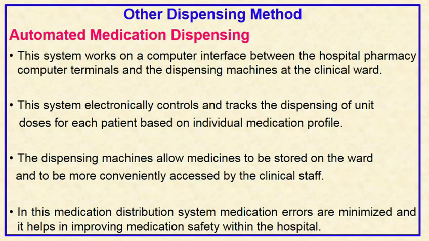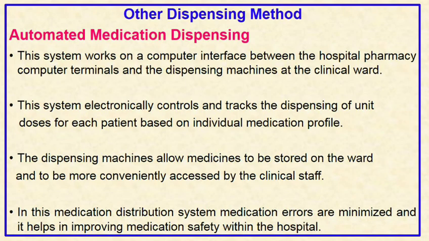Now let us see another dispensing method, that is automated medication dispensing. This system works on a computer interface between the hospital pharmacy computer terminals and the dispensing machines at the clinical ward. This system electronically controls and tracks the dispensing of unit doses for each patient based on individual medication profile.